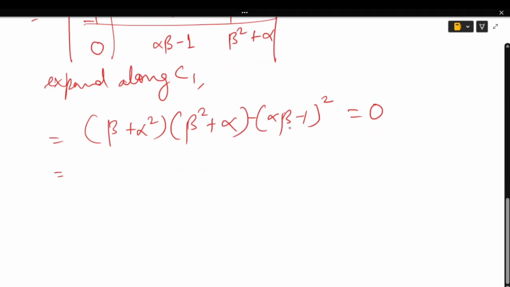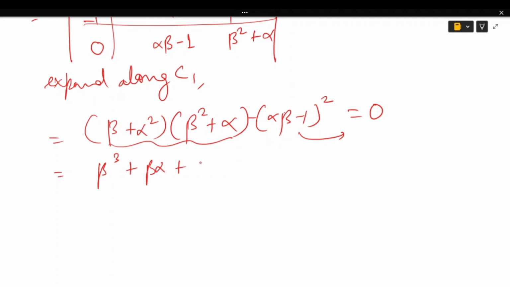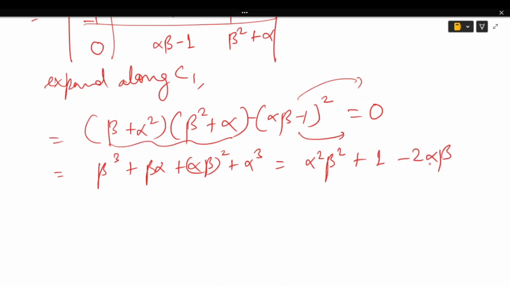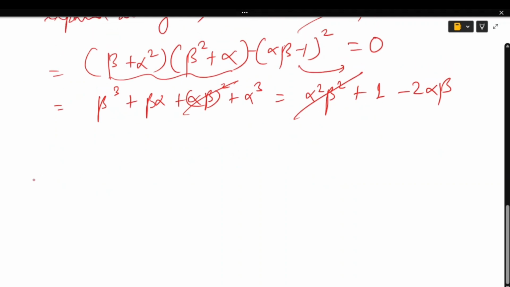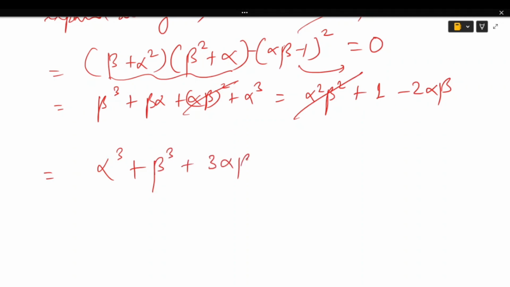Simplifying this, we get beta cube plus beta alpha plus alpha beta whole square plus alpha cube, and transferring this to the RHS and expanding the a minus b whole square formula, we get alpha square beta square plus 1 minus 2 alpha beta. Clearly alpha square beta square gets cancelled out. So we obtain alpha cube plus beta cube minus 3 alpha beta minus 1, which will be equal to 0.